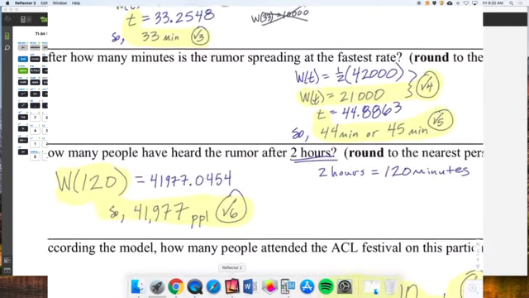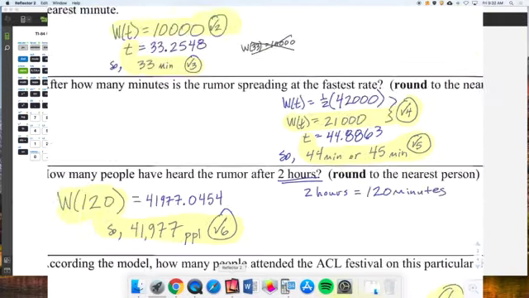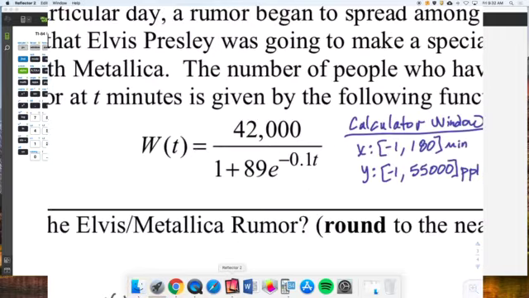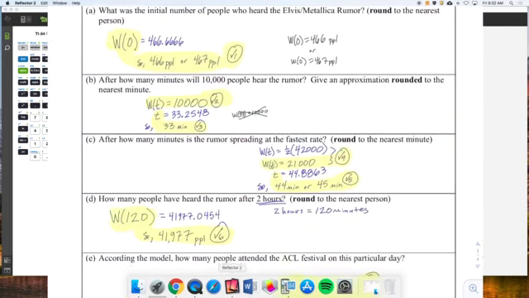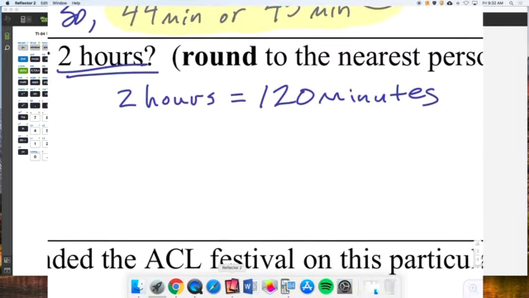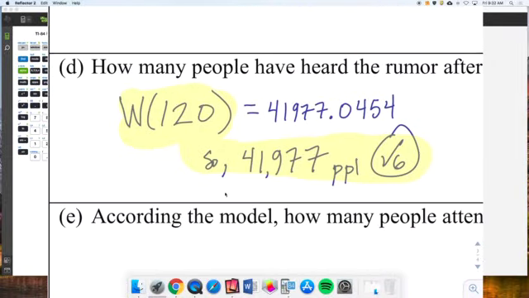All right. How many people have heard the rumor after 2 hours? We're measuring time in minutes. And so I say after 2 hours, 2 hours is 120 minutes. So you can't find W of 2, you have to find W of 120.